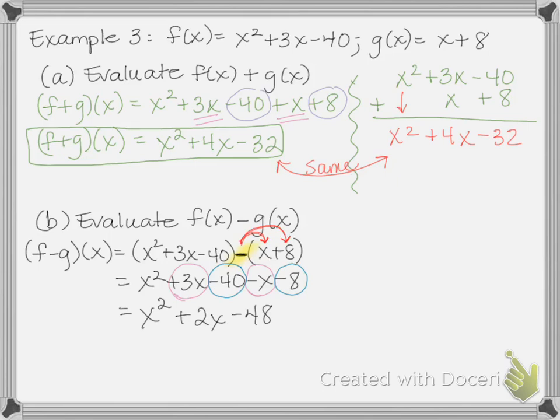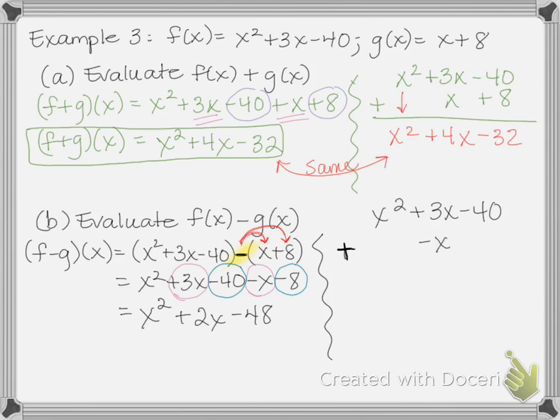Okay? For those of you that prefer vertical, well, you can do it vertically too. Write it down, x squared plus 3x minus 40. But you know there's a minus, okay? And that minus changes to a plus, and then you change the signs of everything. So the positive x becomes negative x.